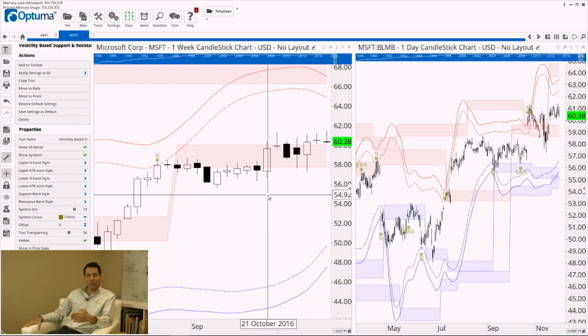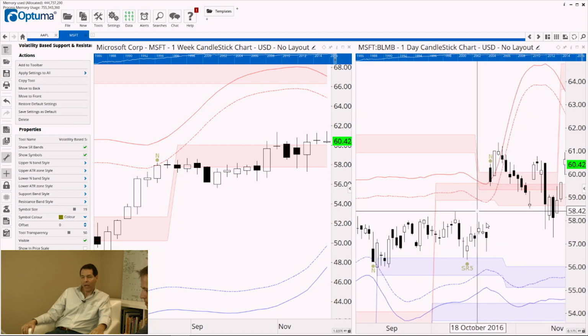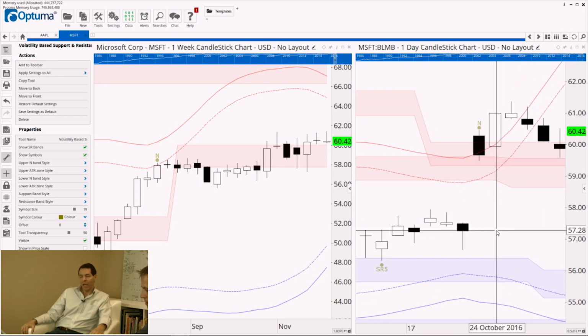And then along came the news, price traded through the zone to the top of it and over that resistance. The point I'm trying to make is that quite often, and really most of the time, you'll find that these weekly and daily gaps have overlap. So there is a resistance zone that ends right above the end band, essentially.